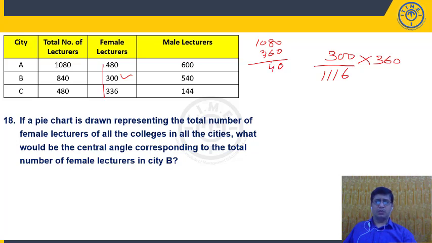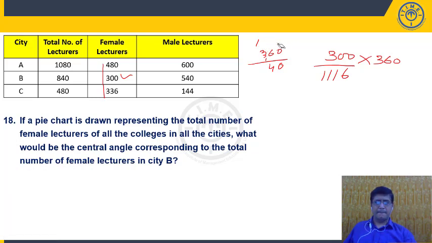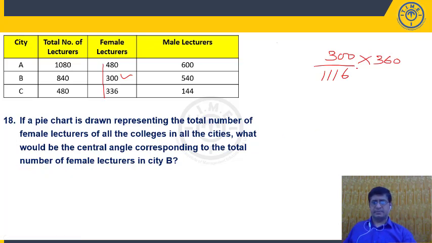Wait for 1 minute. So 3 times of 36 is equal to 108 and 300 by 1116. Now 1116 and 1080, if we observe, it is very close to the denominator, but it is less than the denominator.